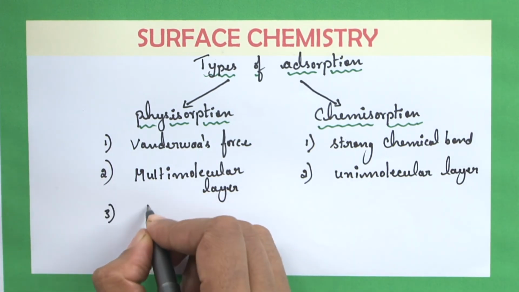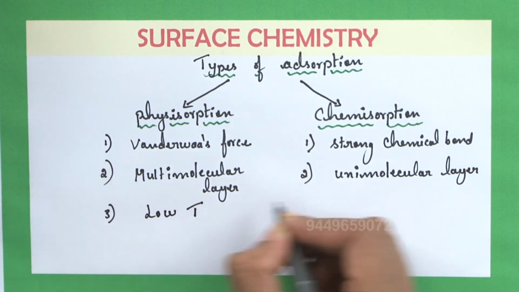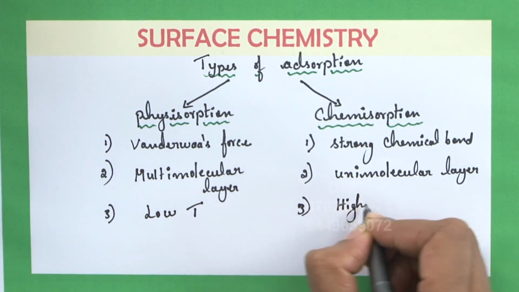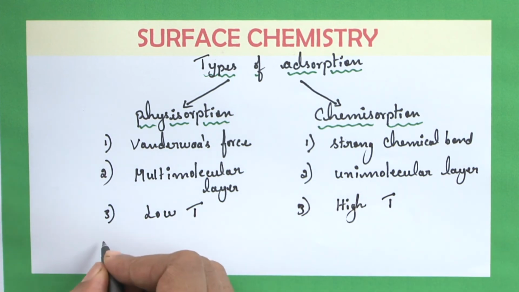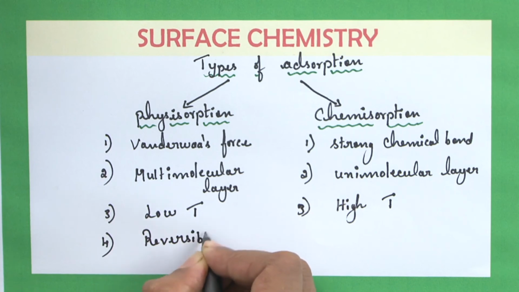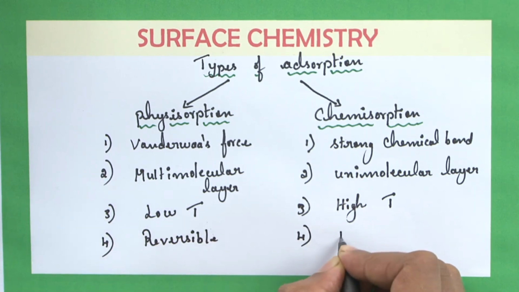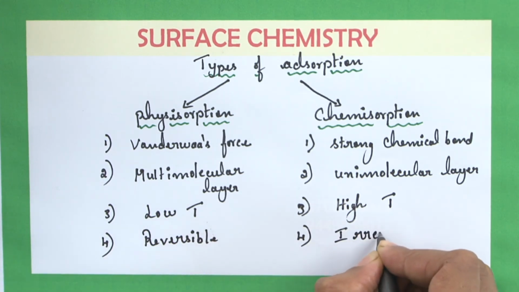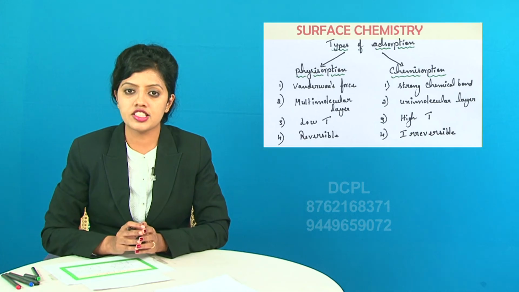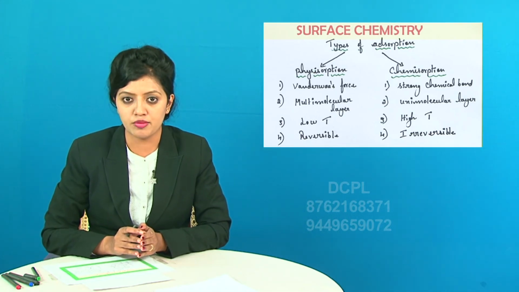Third, low temperature is favored in physisorption, whereas in chemisorption high temperature is favored. And the fourth, physisorption can be reversible, and chemisorption, obviously the reverse, is irreversible. This is the difference between physisorption and chemisorption.